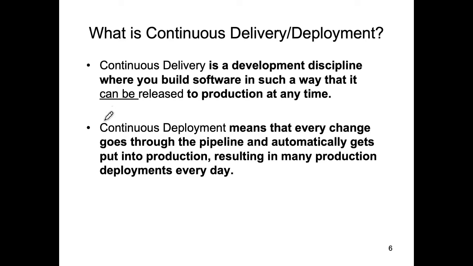Now, it's only very advanced software houses that actually employ continuous deployment. What software houses tend to do is they first of all make sure that their continuous integration practices are up to speed. Then they may move on to the whole area of continuous delivery.